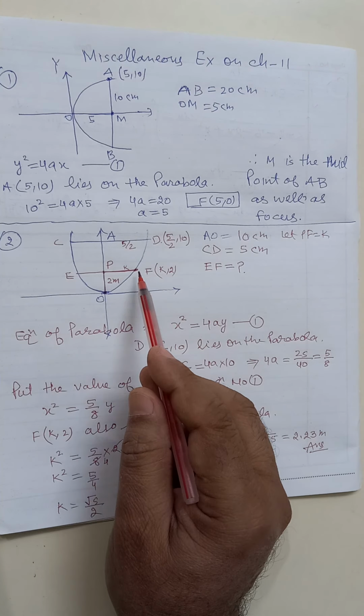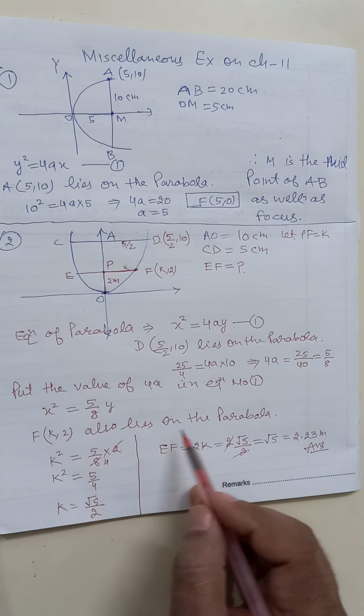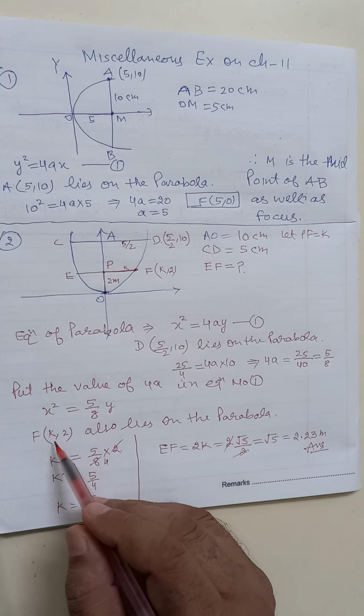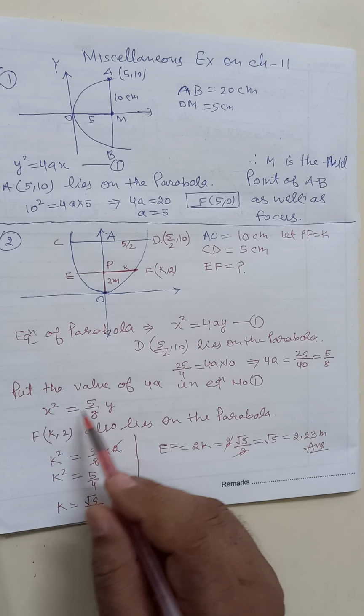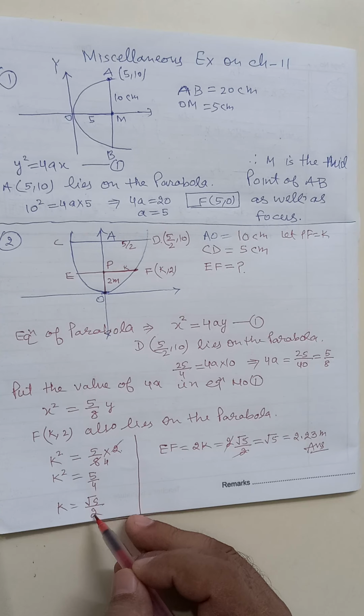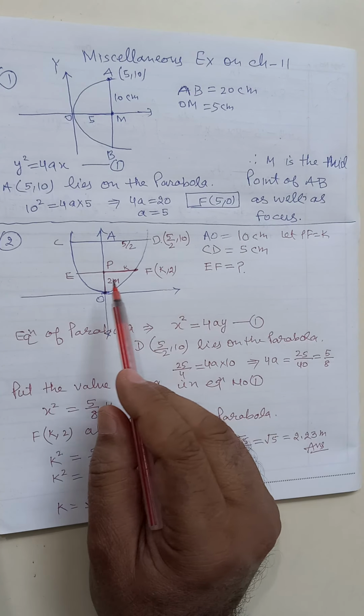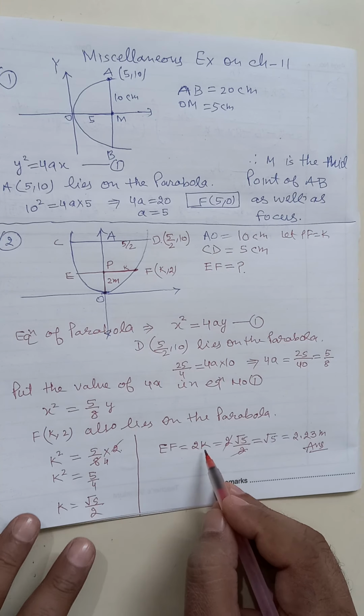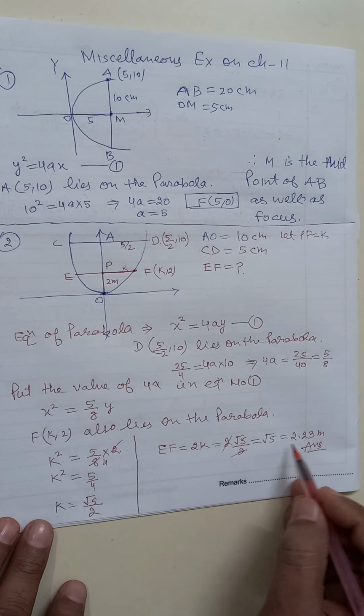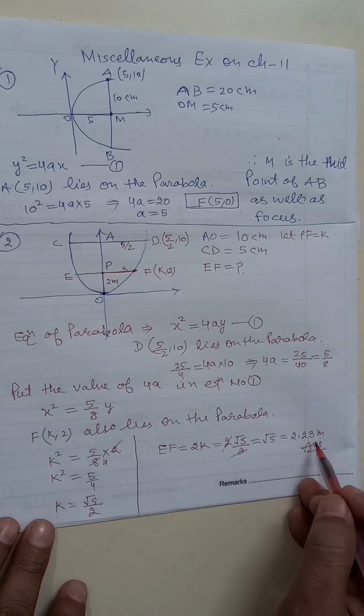After that you know that the point F also lies on the parabola, so therefore the coordinate of F also satisfy the equation. So with the help of this relation you can find the value of k, but you know that EF is twice k. So put the value of k, answer is root 5. In root 5 you can say 2.23.